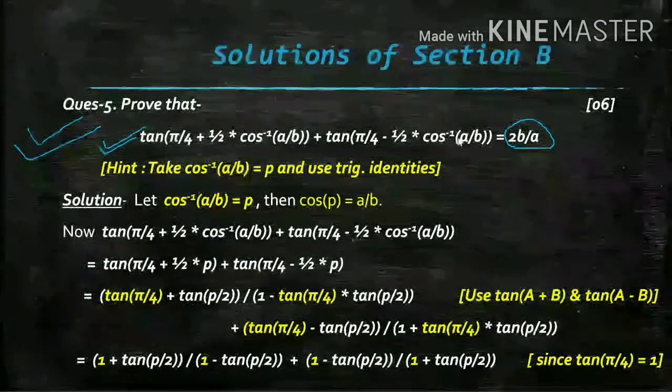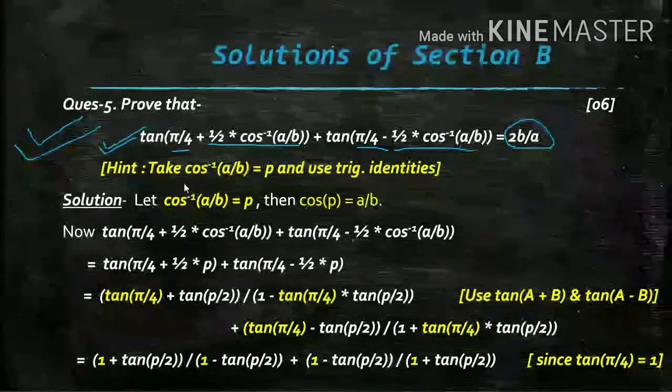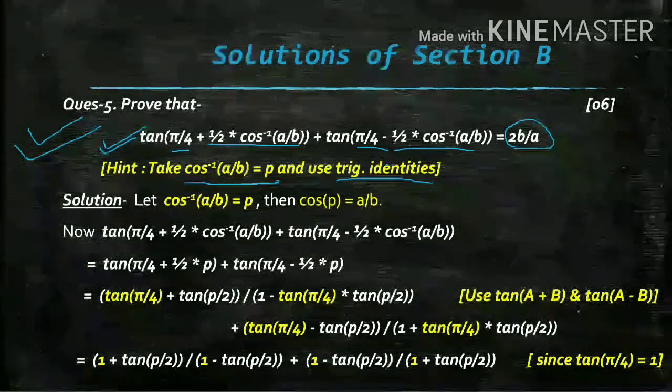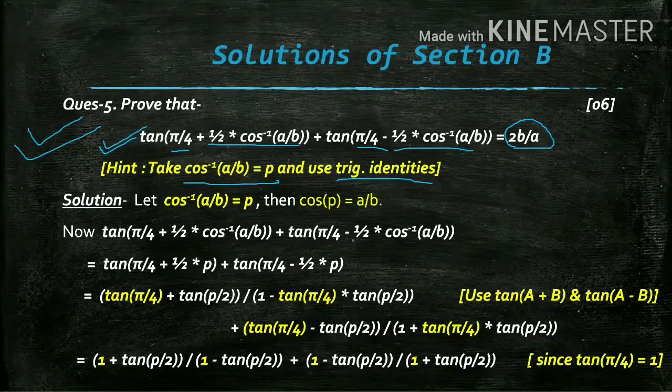I also gave you the hint at the paper time that you can use the formula of tan of a plus b and tan of a minus b. And also the hint that you can let this term be p and use the trigonometric identity. This hint would be beneficial for you in order to proceed.